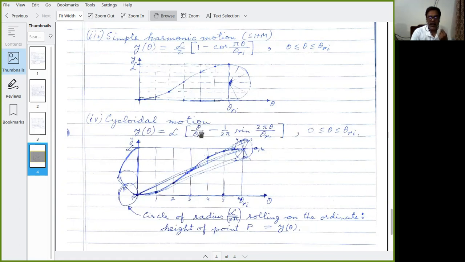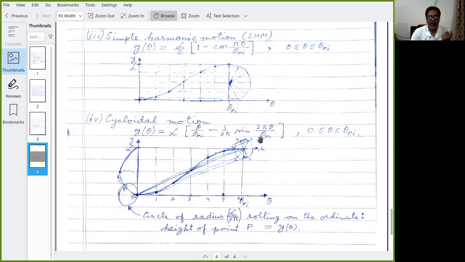As you increase theta, this increases, and this also increases, but this increases faster. So overall there is a positive difference. P goes up, and its ordinate, its height, gives you this also. At the end, theta equals theta Ri, so sine 2 pi is again 0, but by that time this is theta Ri by theta Ri.